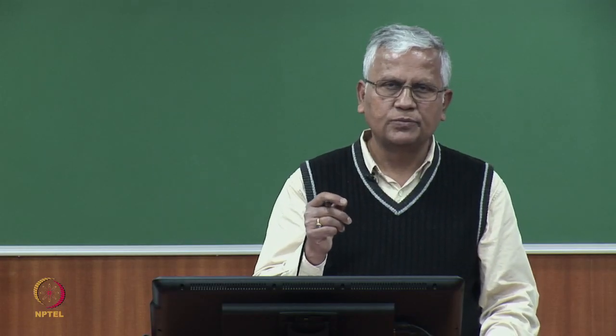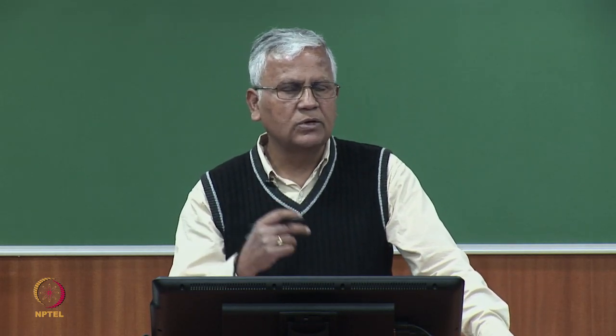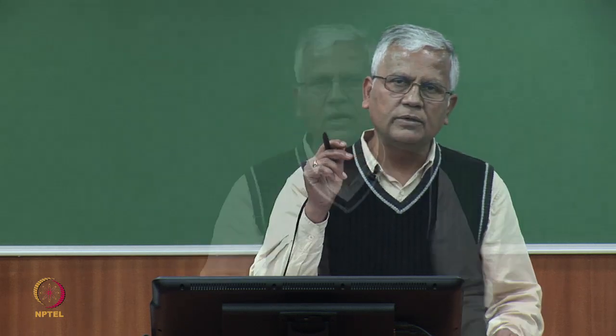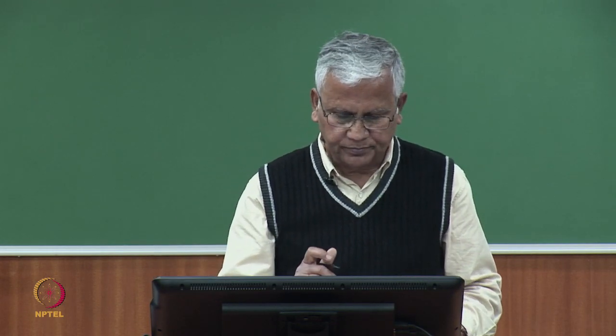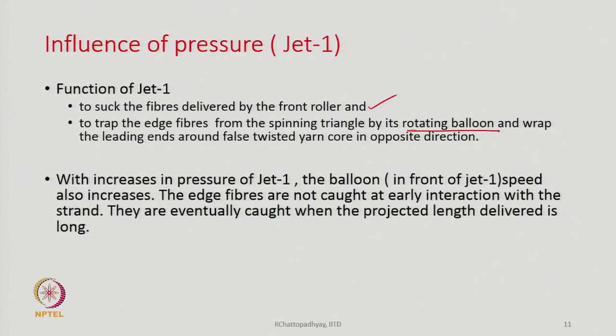The balloon speed could be of the order of 1,50,000 to 2,50,000 rpm. When the fiber end lands on it, it may get caught and it may not get caught. At some point of time it will be caught, but in the initial impact it may not get caught.